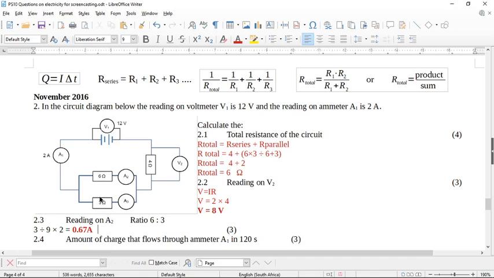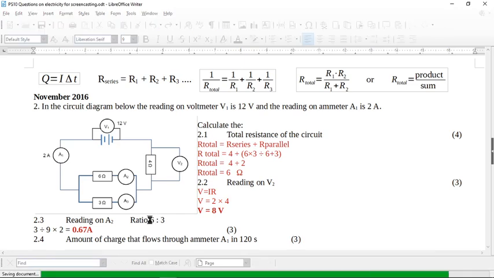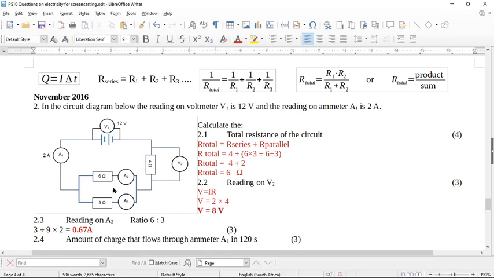The total of the ratio of these two is 9, because they are 6 is to 3 in the ratio. Because it's an inverse relationship, only the smaller fraction is going to go through here. So it's 3 over 9 times 2, which gives you 0.67 amps.